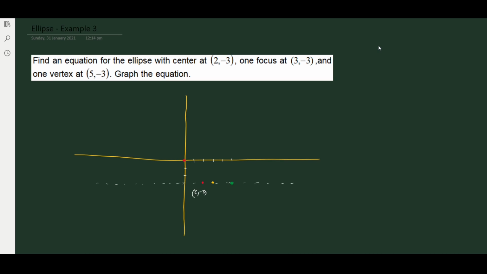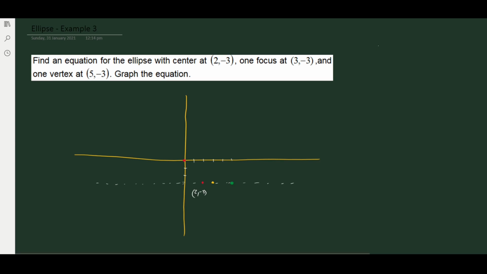So what are we going to do next? Next is to find a and also c, right? Because if we find a and c, then we can also find b, and thus we can then find the equation of our ellipse.